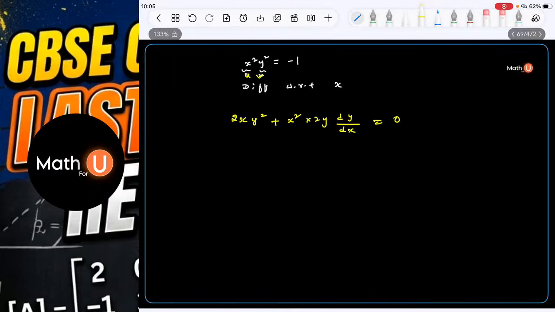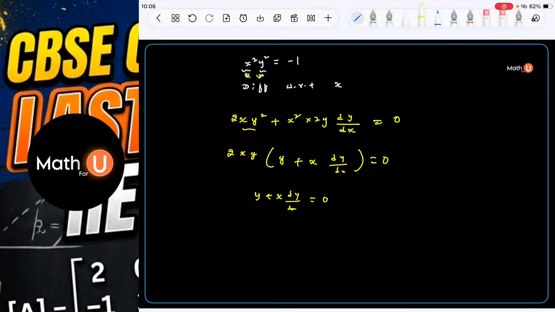Anyway, simplify. What is the common? We get x equal to 0. Then finally we get y plus x dy by dx equal to 0. x dy by dx is equal to minus y, dy by dx equal to minus y by x.